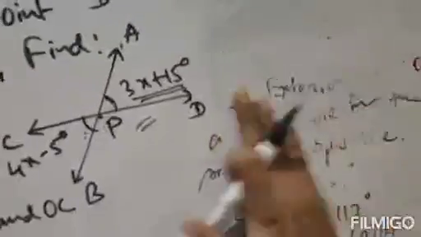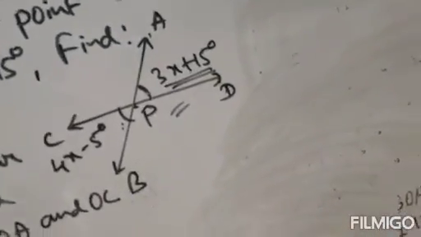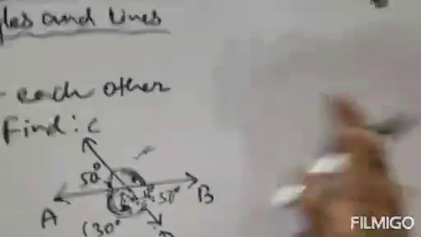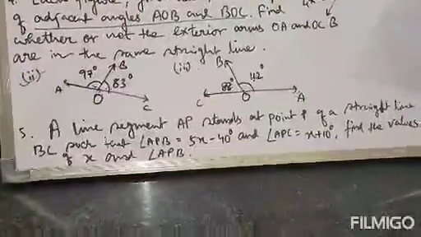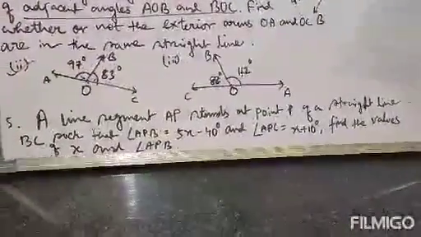Next, question number 5, last question of this exercise. Question number 5 is that a line segment AP stands at point P of a straight line.